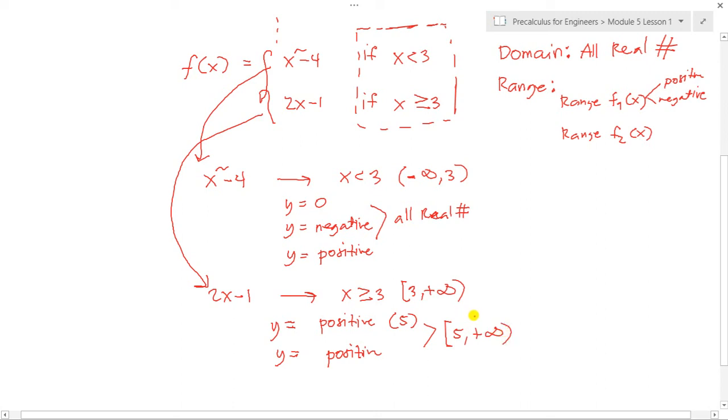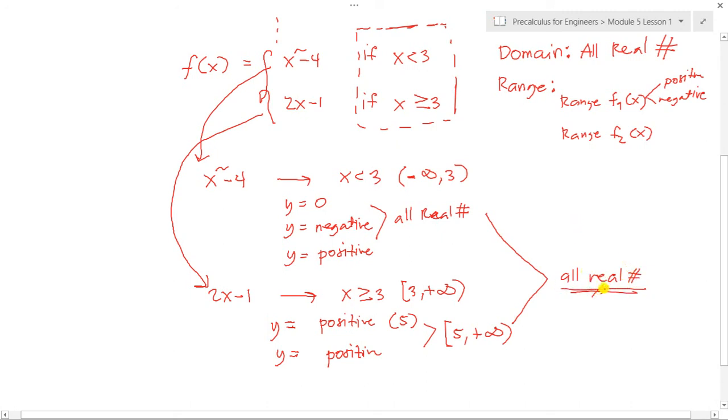Okay. So since ingon man ko nga ang range sa entire piecewise function, imo ni i-combine siya. Pag combine nimo all real numbers versus from 5 to positive infinity, unsa may answer? Okay, all real numbers dayon. Kay mas dako man. Masud man ang positive 5 to positive infinity. So all real numbers ang atong range ani.